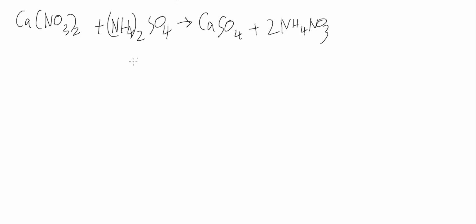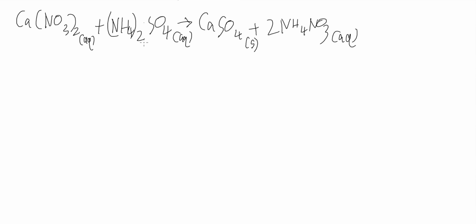All right. Now, what I will often do is separate these in my head. Oftentimes it'll help that you write the states: aq, aq, s, aq. And these are your states.